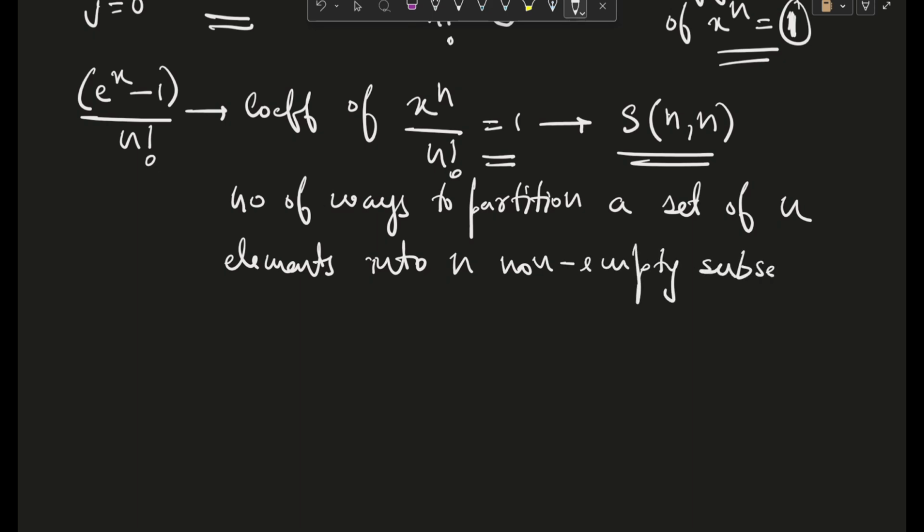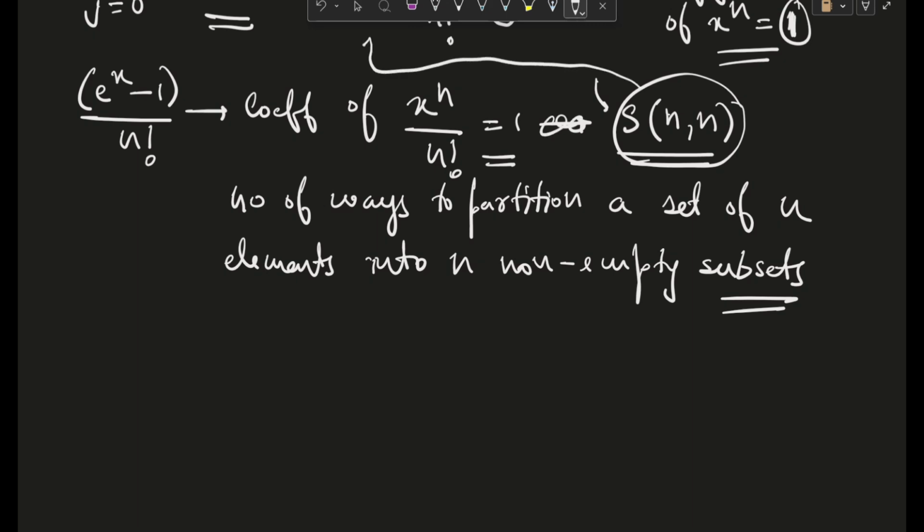Okay, this is the meaning of a Stirling number. Now there is much more to Stirling numbers. For the time being, just remember S(n, n) means this. Actually, S(n, n) is that sigma expression we wrote above in the bracket. So that thing is your coefficient of x power n by n factorial, which is coming out to be 1. I hope now this was clear.